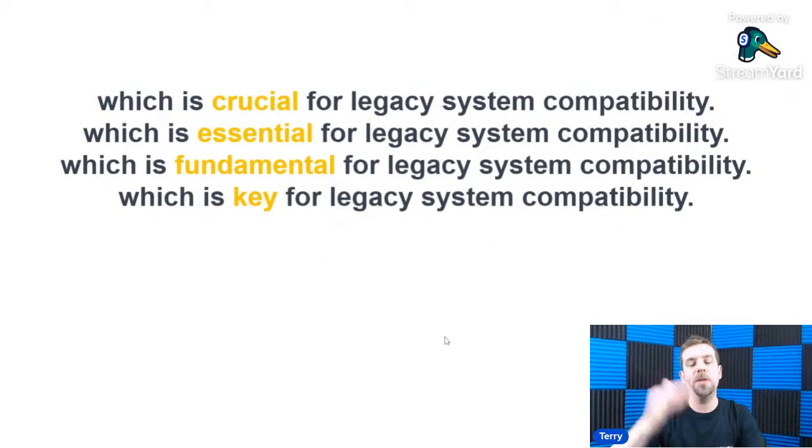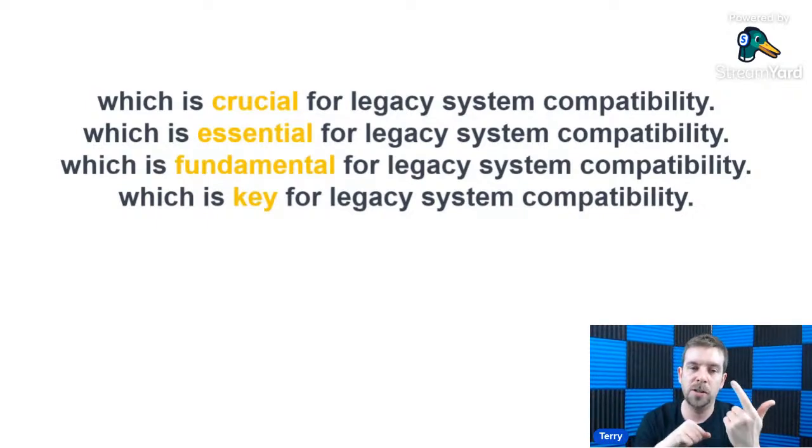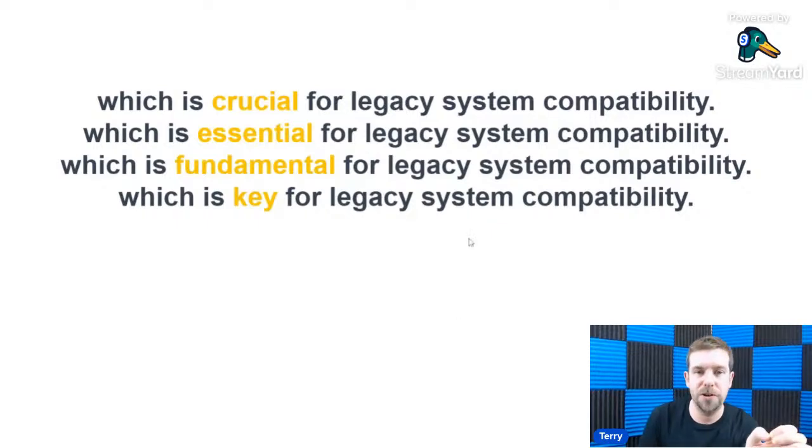Now, again, with the next sentence, which is crucial for legacy system compatibility, which of course is very important: crucial, essential, fundamental, or key. You are not limited by the word crucial or ideal. You can change and make variations, all right?